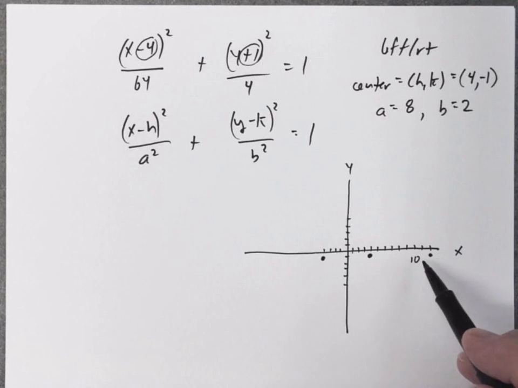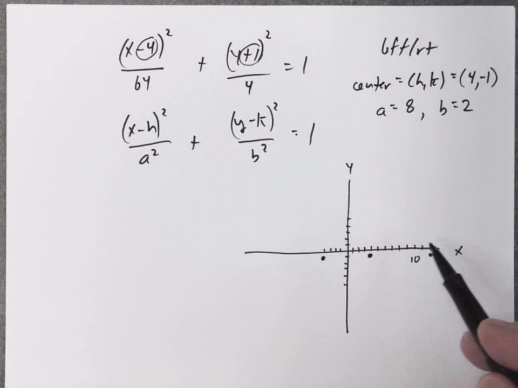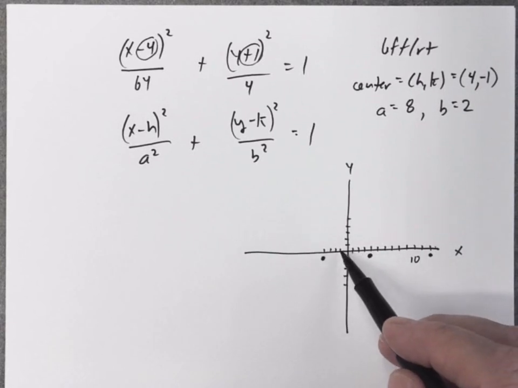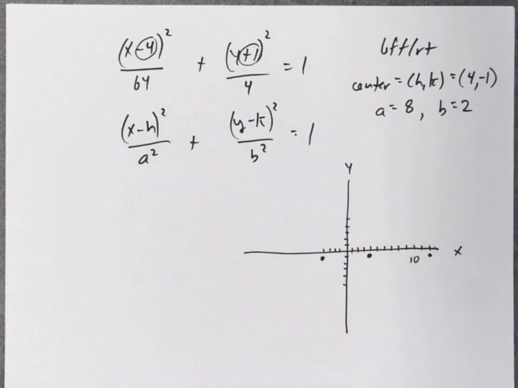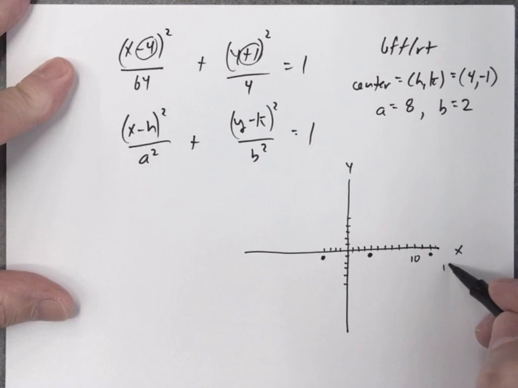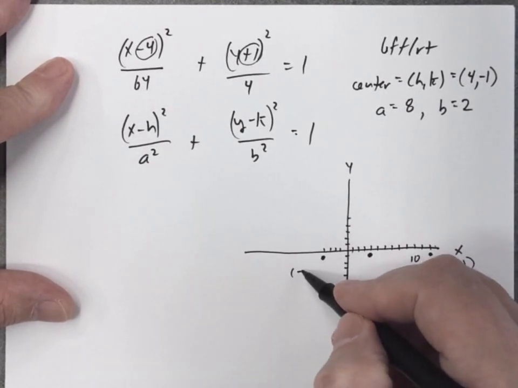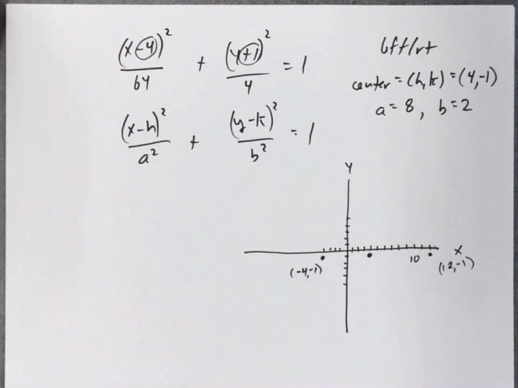These don't look like the same distance. 1, 2, 3, 4, 5, 6, 7, 8. 1, 2, 3, 4, 5, 6. Well, this is the idea. When you do a rough sketch, sometimes things aren't always looking perfect, but I think I have stepped them off correctly. Because this point here is a major vertex, 12, -1. And this one here should be -4, -1.